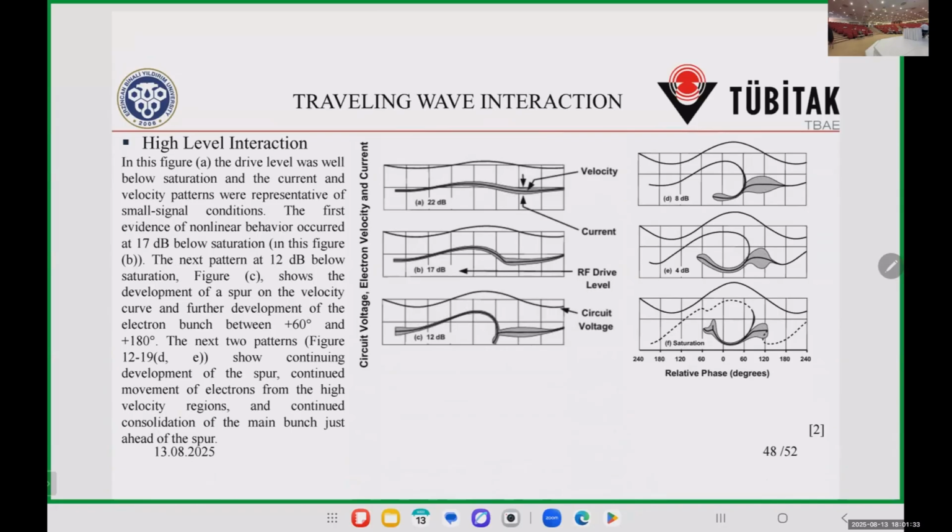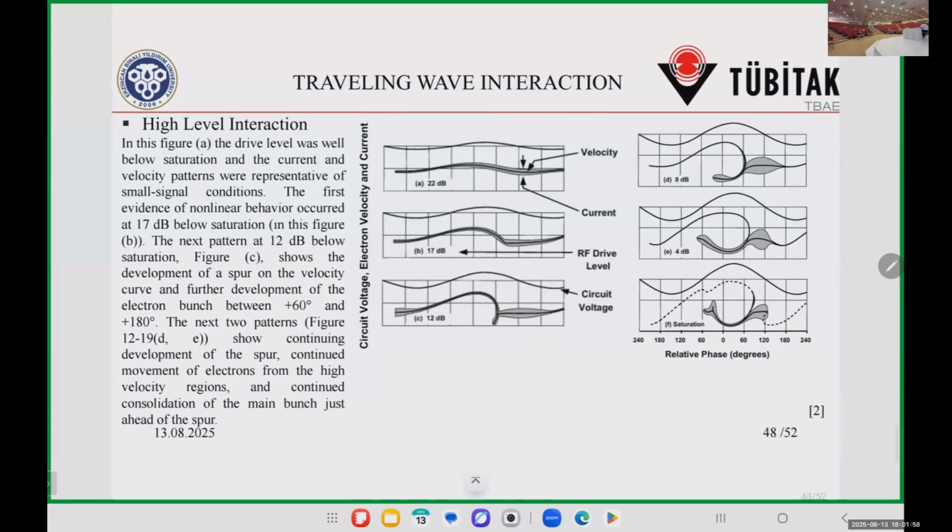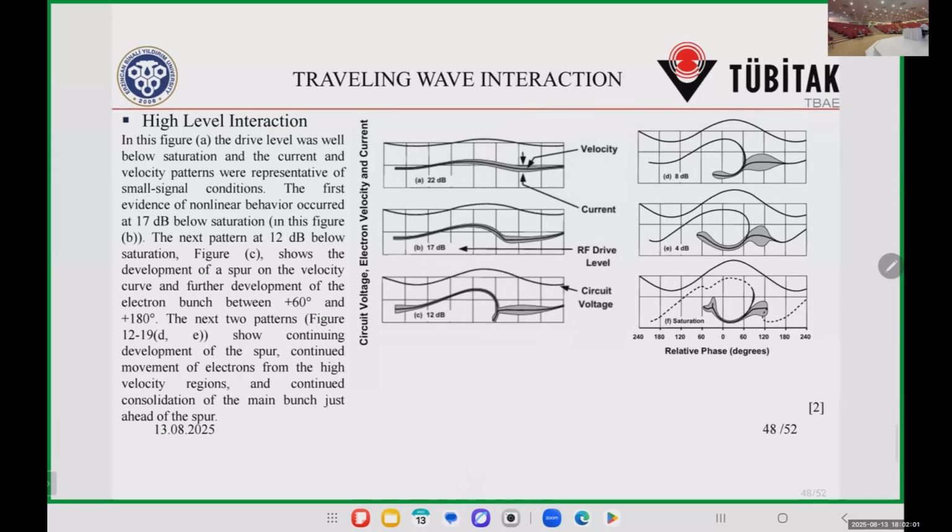The first evidence of nonlinear behavior occurred at 17 dB below saturation. The next pattern is at 12 dB below saturation. At the 12 dB level, we can see a spur on the velocity curve and further development of the electron bunch between plus 60 degrees and 180 degrees.